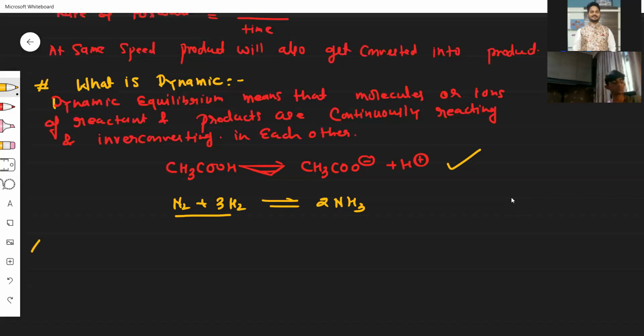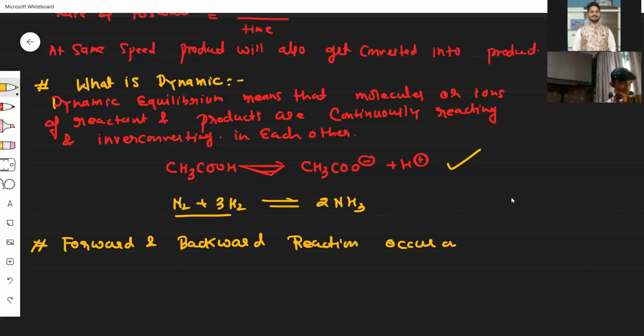Now the second thing is the forward and the backward reaction occur at the same time. Forward and backward reaction occur at the same rate.